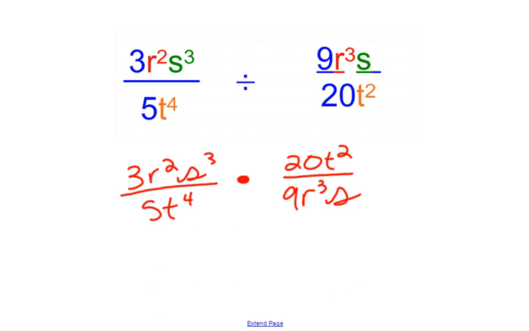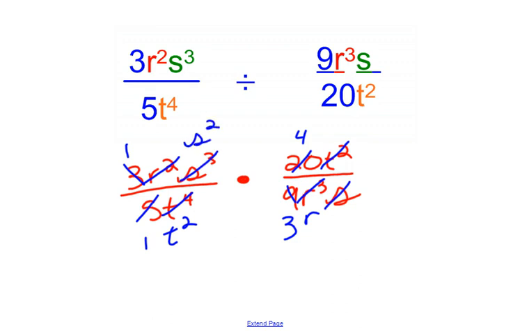So now as I cross cancel, I'd have a 3 goes into 9 3 times, 5 goes into 20 4 times, the t squared and the t to the 4th, the r cubed and the r squared, and the s and the s cubed. So now as you multiply across the top, you would get 4s squared divided by 3rt squared. And we always write those answers in descending order.